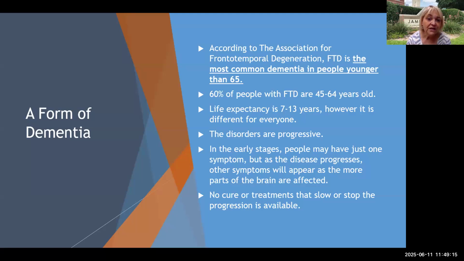There's not as much funding pushed toward the FTDs as there is toward Alzheimer's because it's the most common. We've got a lot of money being pushed toward Parkinson's right now because of Michael J. Fox coming out and being open with his Parkinson's for over 30 years. And that's what the Willis family is trying to do, to get some attention on FTD. And let's get some funding pushed toward FTD.